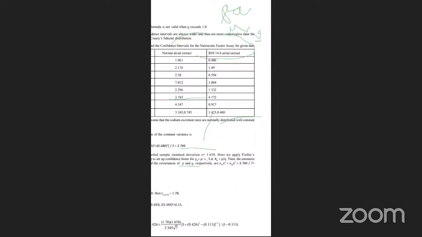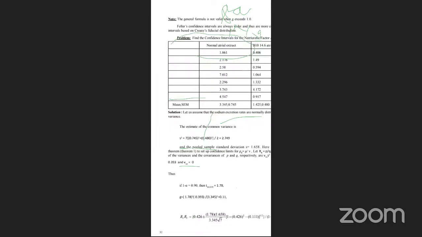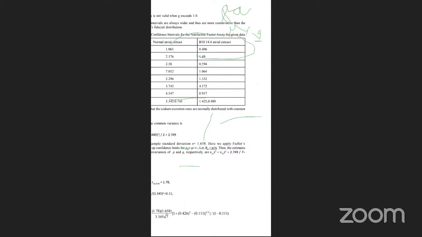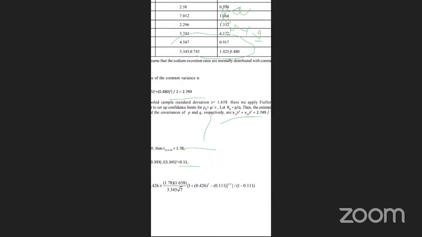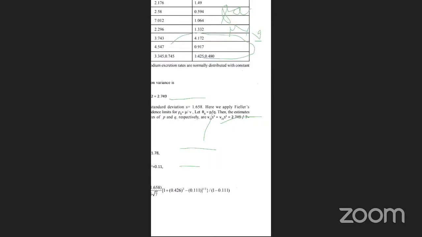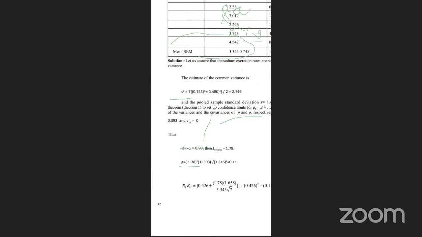14.6 atrial extract. So here this is the data. The estimate of the common variance is s square equal to 2.749 and the pooled sample standard deviation is equal to 1.68. Here we apply Fieller's theorem to set up confidence limits for rho equal to mu by nu. Let R equal P by Q. Then the estimates of the variances and covariances of P and Q respectively are V11 s square, V22 s square equal to 2.749 by 0.393, and V12 is 0.